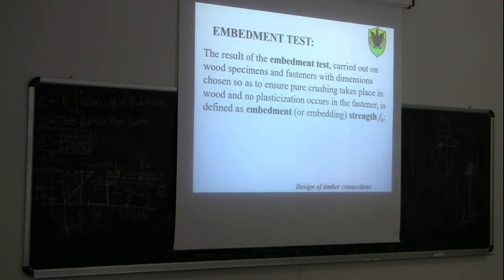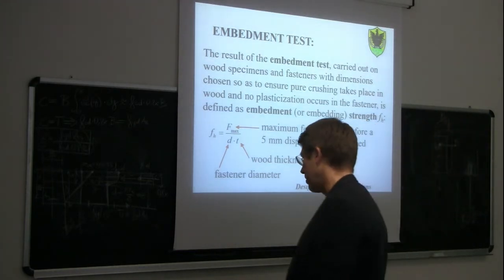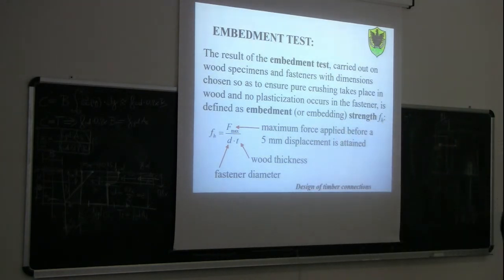The embedment strength is given by the ratio between the total applied load and the surface of the wood at the contact with the dowel. Actually, we say the projection of the surface of the wood at the contact with the dowel. As you can see here, it's F max divided by the diameter of the hole times t, which is the thickness of the wood itself.